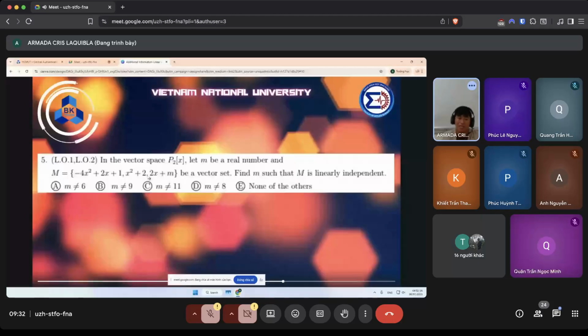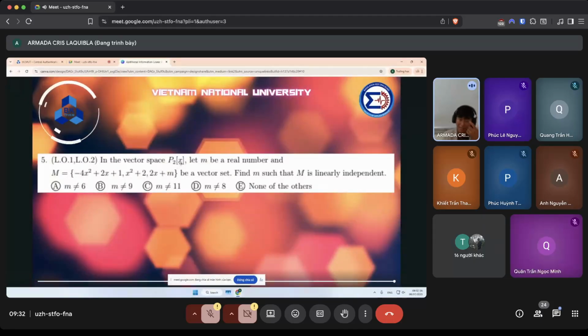What to do here is your P2(x) here, class, is actually the set of quadratic polynomials. Okay, a space that contains quadratic polynomials. So all you have to do is to get the constants here. First, with the x squared, you have your negative 4, 2, and then 1. Here, we have x squared, so that's 1. There is no x here, so 0 for the x, and then 2 for the constant.